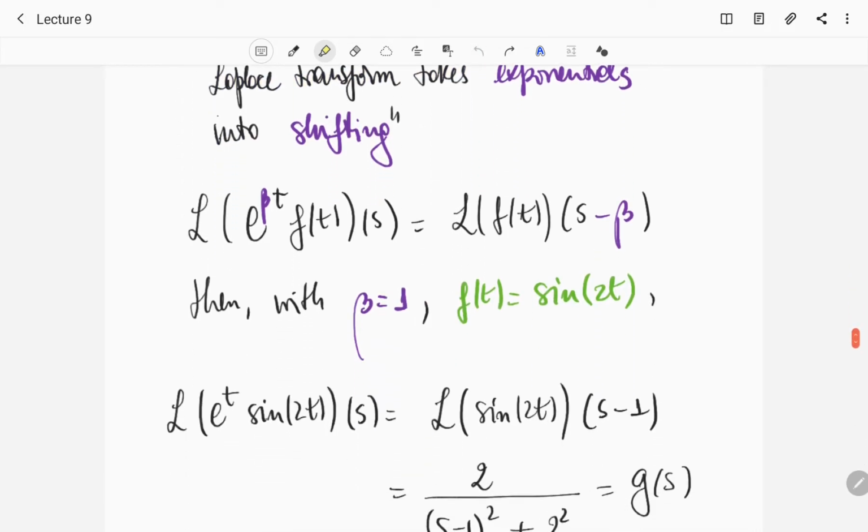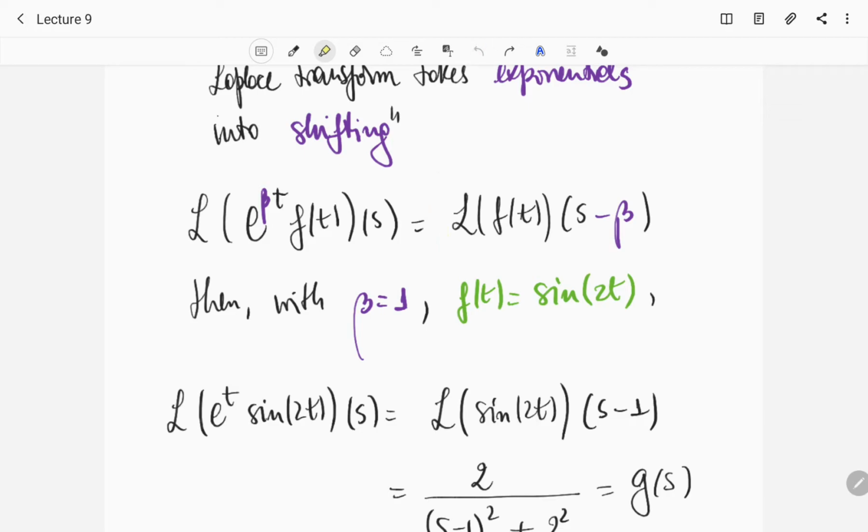We can rewrite the property here: exponential to the power beta t times a function f goes to the Laplace transform of the function f with this shifting, s minus beta. So when we take beta equal to 1, we would get here s minus 1.